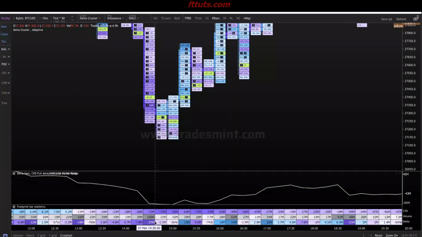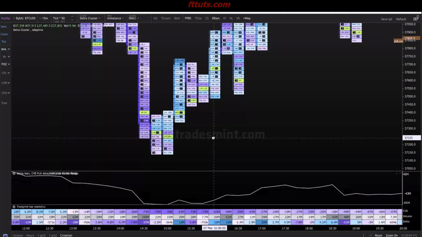There are 60 million shorts opening up right here on this one candle. However, we would expect that the price would shoot down much, much farther than this. But instead, what happens? The price actually starts to come up. Why is that? It's because there is a limit order right here.